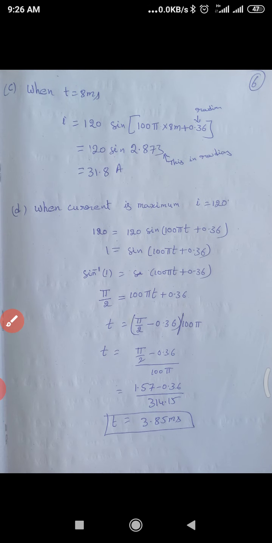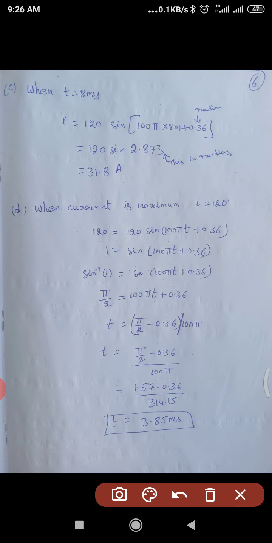So here we are using radians, so our calculator also has to be placed in radians mode only. Next, let us see what is the value of the current at t is equal to 8 milliseconds. How much instantaneous current is available at t is equal to 8 milliseconds? That means now we are replacing t with 8 into 10 to the power of minus 3.